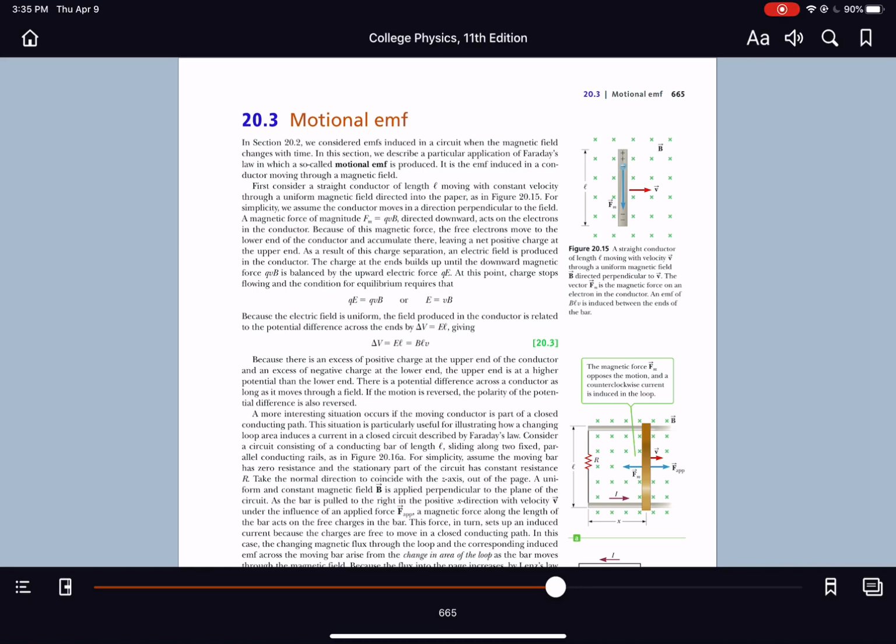That's the result of the chemistry of the iron atom and all of the domains aligning, something we talked about in chapter 19. In any case, you've got to have relative motion between the magnetic field, represented by the flux lines, and the wire or wires. So what's got to be moving here is one or the other, or theoretically both. That's where we get the idea of motional from.